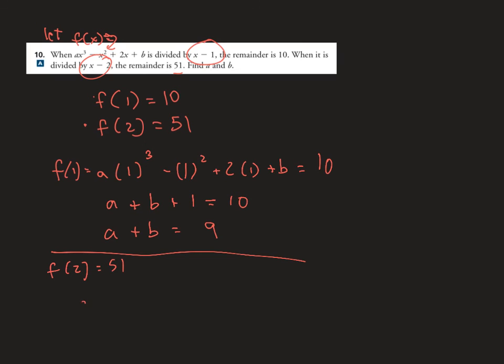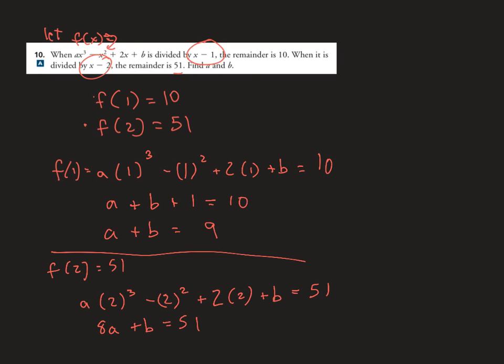That means a times 2 cubed minus 2 squared plus 2 times 2 plus b has to equal 51. Clean that up. You get 8a minus 4 plus 4, so just 8a plus b equals 51.